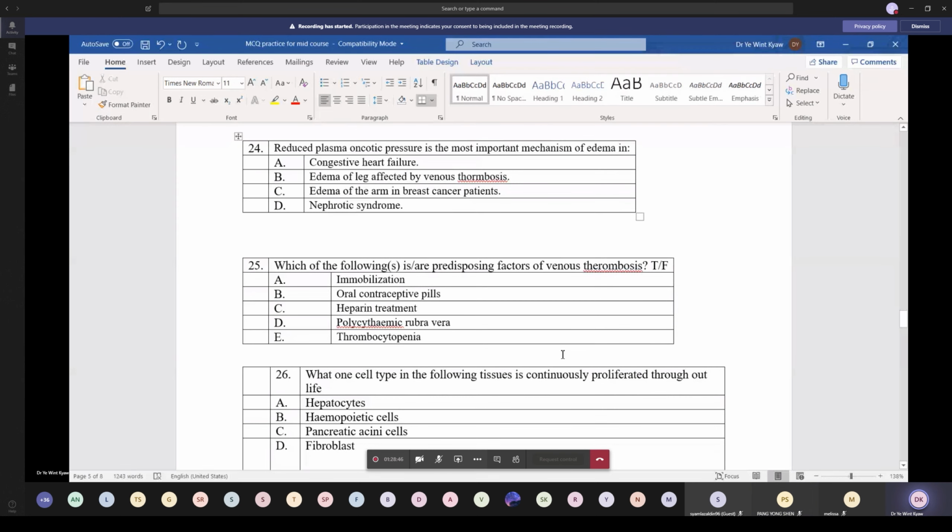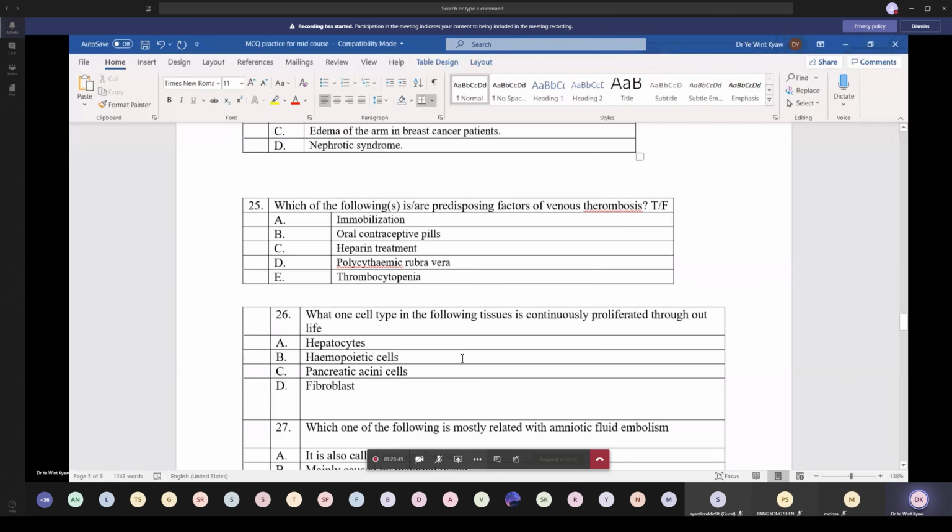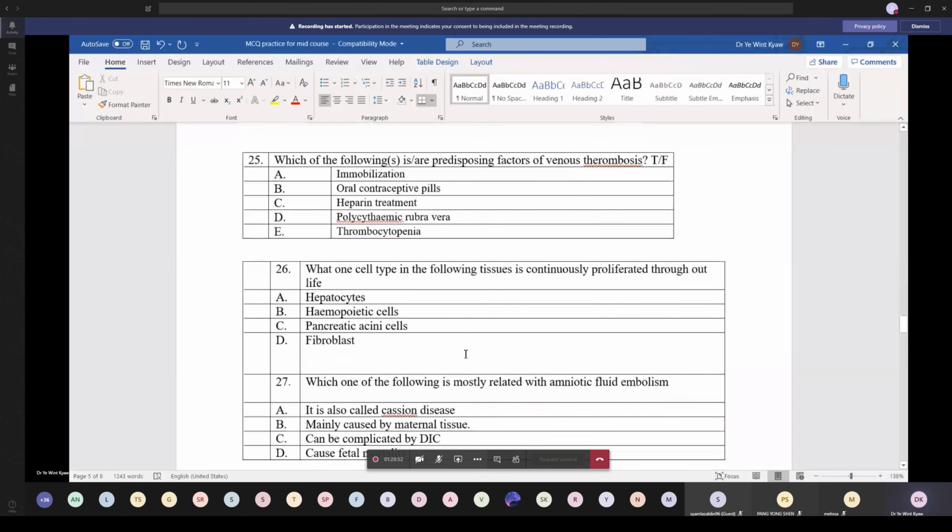So true for a question. Anyone? True for question 25. Why so long?